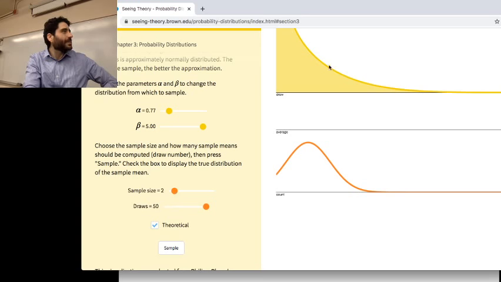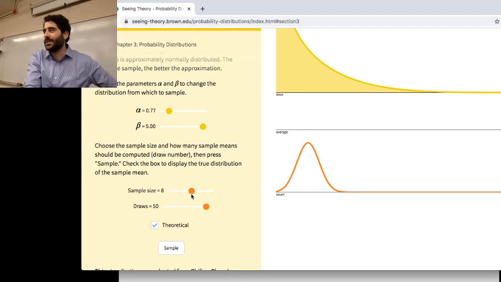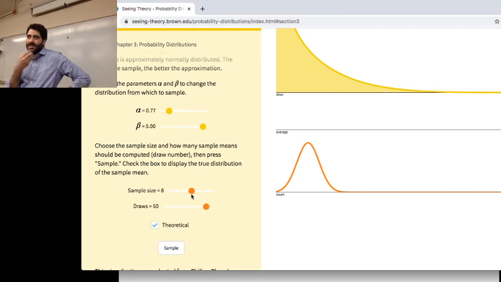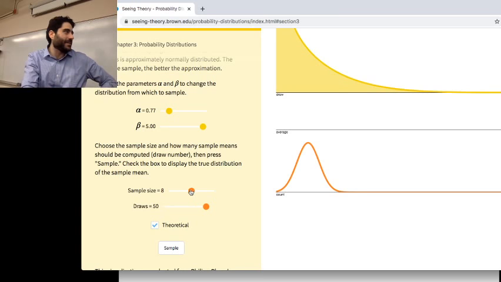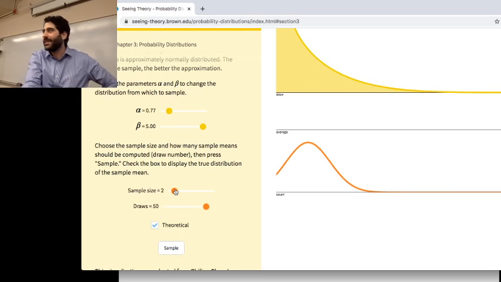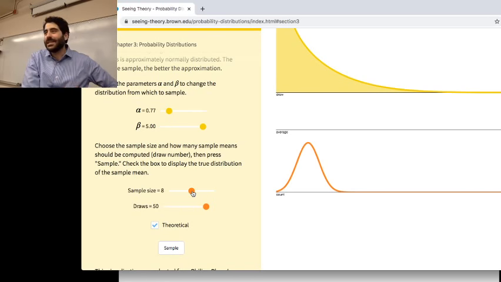Even with this pretty weird distribution, as soon as we get up to a sample size of 6 or 8 or so, we pretty much have a normally distributed sample mean. If we have a data set of 2 values, we're not going to be able to do interesting inference anyway, and stats is not going to save us there. But with any reasonably sized data set, this converges quite quickly to a normally distributed sampling mean.